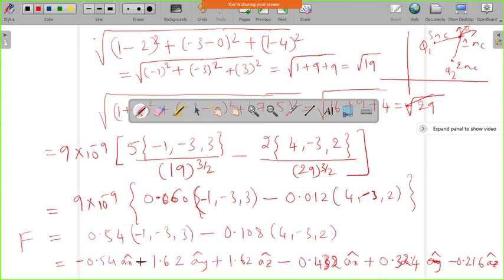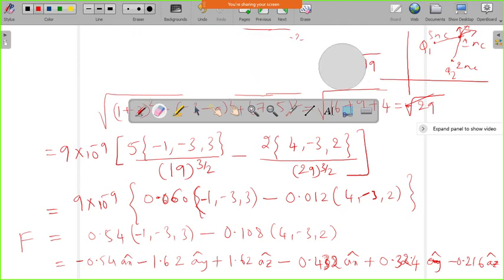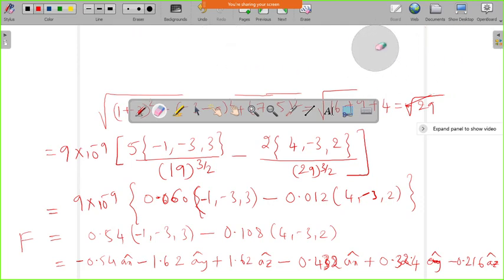So now correspondingly you add the components, which are AX, AY and AZ. What will you get? That is your force in terms of nanonewton. So 0.54 minus 0.54 minus 0.43, how much is it? 0.972, sir.